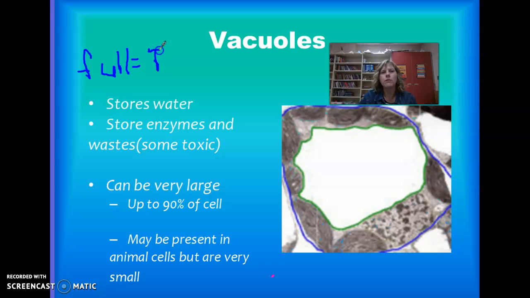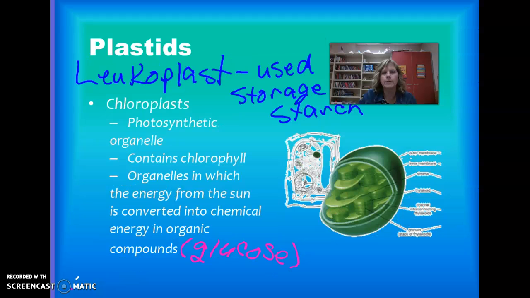So a full cell, we say, is turgid, and that vacuole is pushing the cell membrane against the cell wall. Obviously, if it's not turgid and not full, the effect on the plant would be wilting, and eventually it would die.